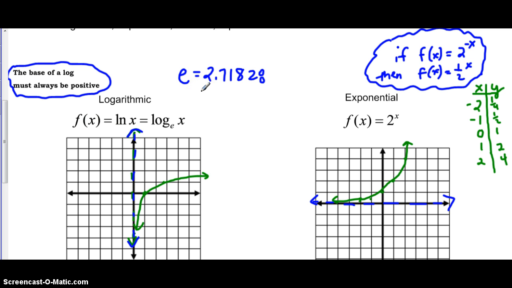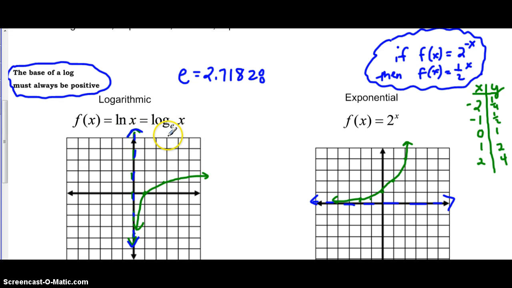For paper 2, obviously you'll have the calculator and you can use that to help you. But for paper 1, remember what e is. And log base e of x, we call that our natural log. It could also be written as ln of x, or the natural log of x.